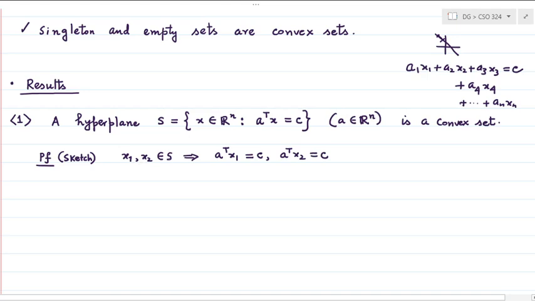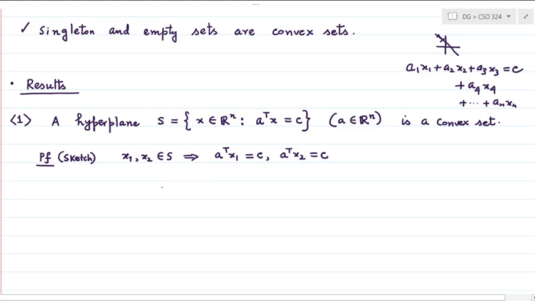X1, x2 in S you are taking, and S has points in Rn, therefore x1, x2 are vectors. A transpose x1 is therefore well defined. A transpose x2, because x2 is not a real number here, x2 is an n dimensional vector.